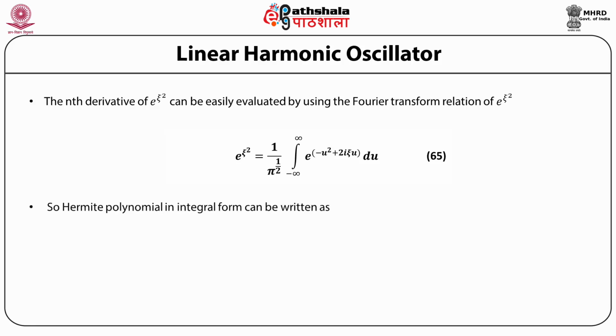So, the Hermite polynomial in integral form can be written as H_n(xi) is equal to minus 1 raised to power n e raised to power xi squared (2 iota) raised to power n divided by pi raised to power half integral from minus infinity to plus infinity u raised to power n e raised to power minus u squared plus 2 iota xi u integrated over u.